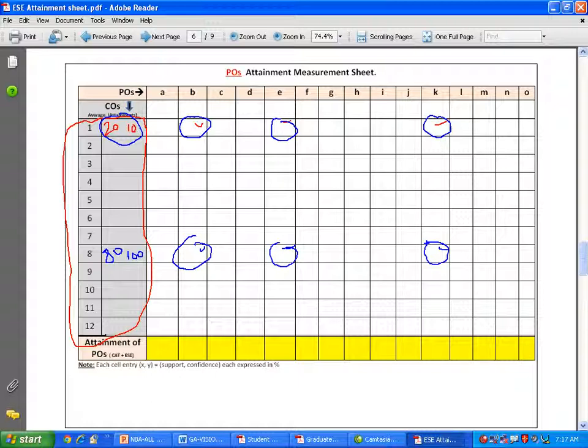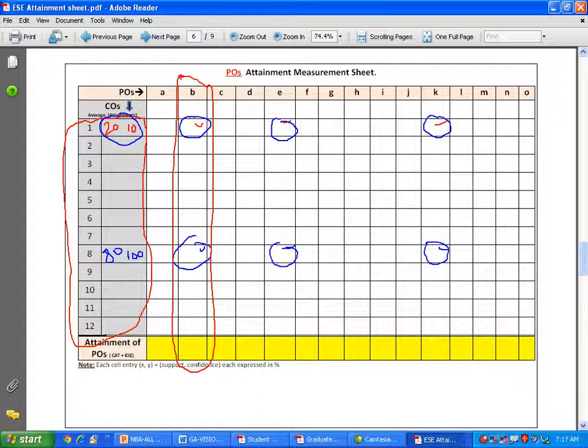Once this is done, what you will be doing is taking the average of all the columns. This average speaks about the attainment of program outcome B through my course, because there is a link between CO to PO, PO to PEO.